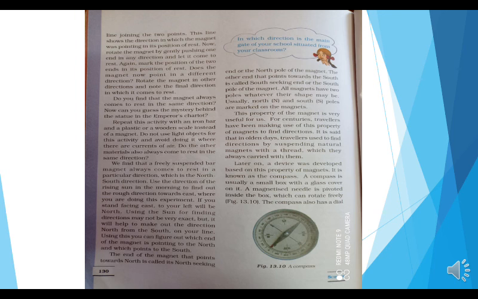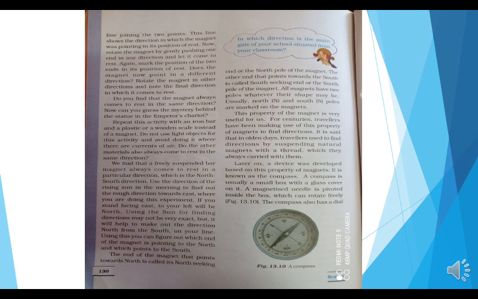Again do the same thing. Mark the position of the two ends in its position of rest. What will you observe? Does the magnet now point in a different direction? Rotate the magnet in other directions and note the final direction in which it comes to rest.